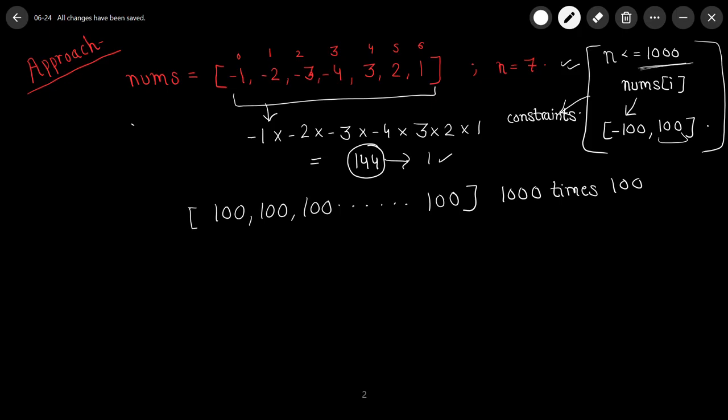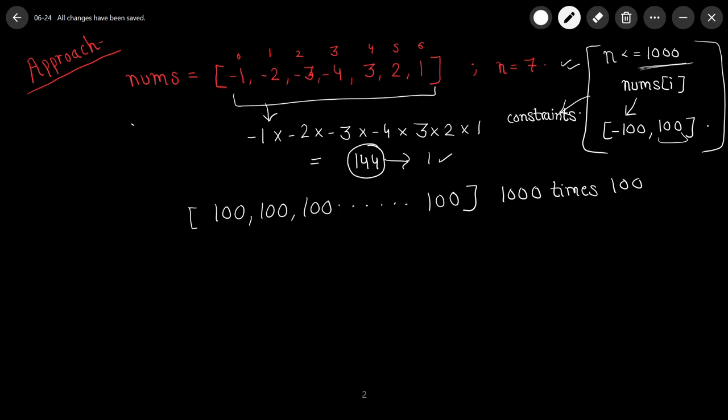Because it will overflow our value, because there is only a particular range which we can store in integer or long variables. Even long would fail in this case. So we are clear that we won't be multiplying all the elements, because that would fail for larger values. So what we would do is smart work.